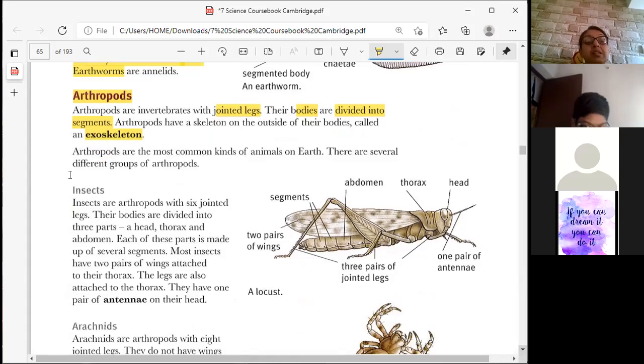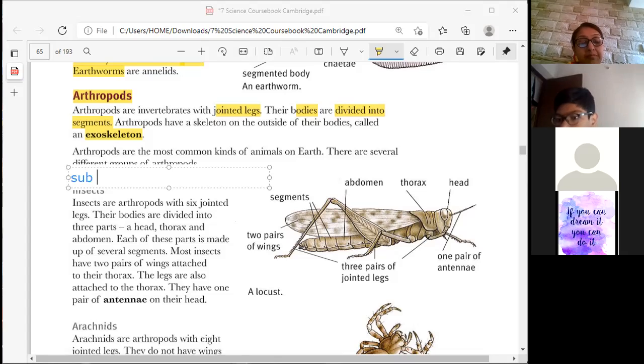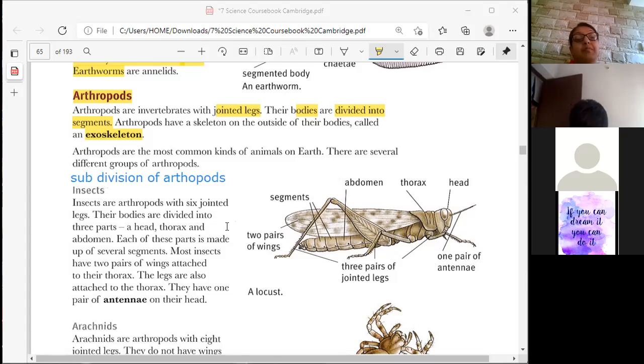Ma'am, what's the first point for arthropod? Joint legs. After you have written all the three characteristics, then you will write subdivision of arthropods. And then you will write the subheading first as insects.